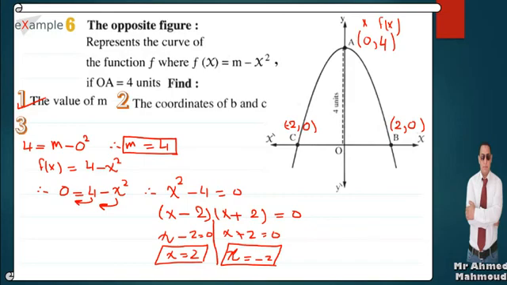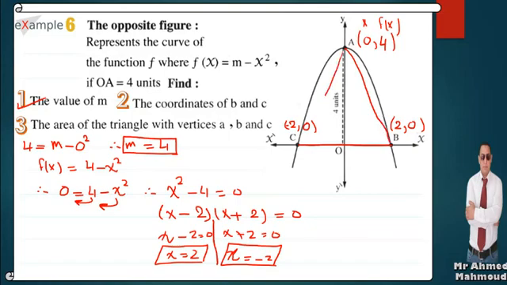Finally, find the area of the triangle which represents A, B and C. Here we have A, B, C, and like this we have a triangle. This triangle, its base equals 4 and its height equals 4.